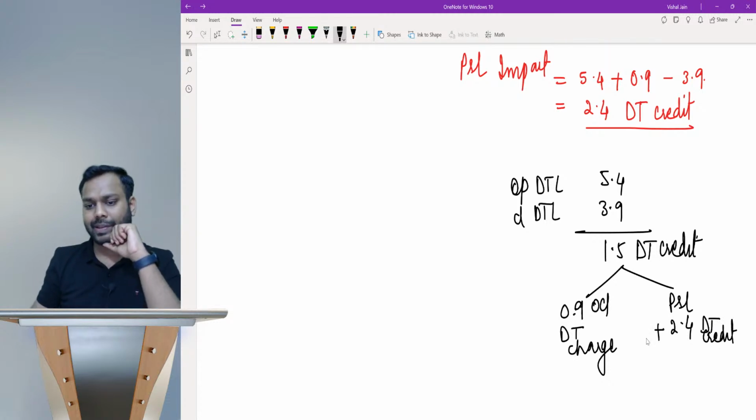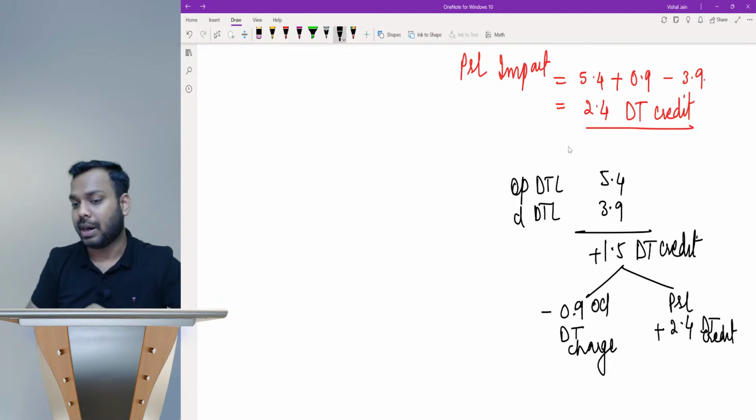So this is plus, this is minus, so hence it will come plus. How exactly? 0.9 minus 2.4 comes to 1.5. That is how it should be recorded.